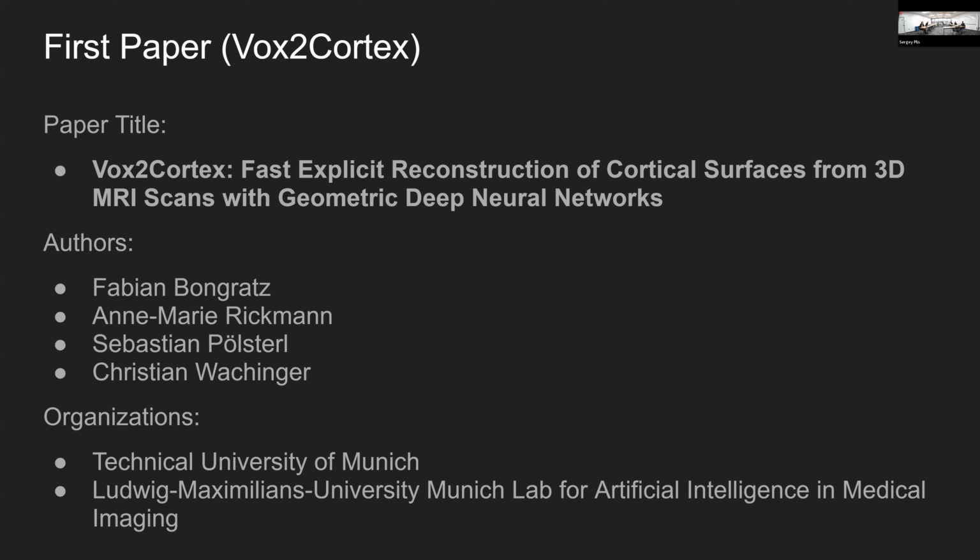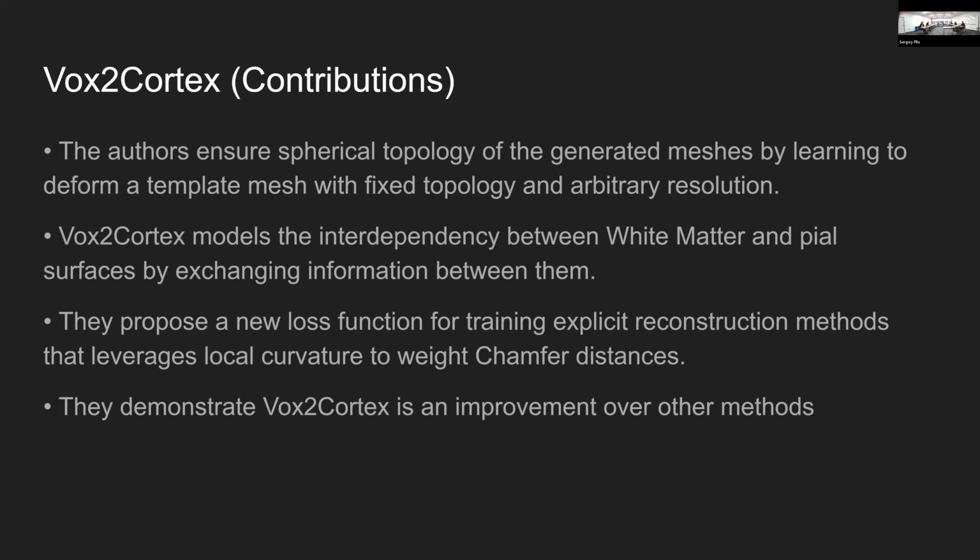The first paper is BoxtoCortex: fast explicit reconstruction of cortical surfaces from 3D MRI scans with geometric deep neural networks. Okay, so their contributions: the authors ensure spherical topology of the generated meshes by learning to deform a template mesh with fixed topology and arbitrary resolution.